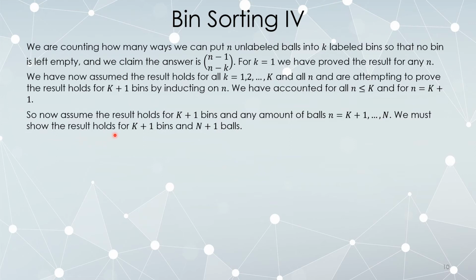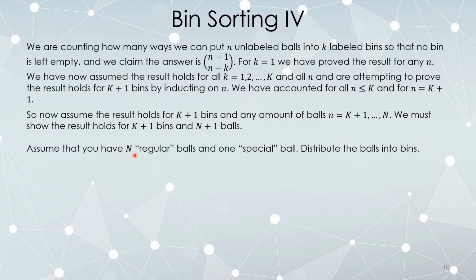We must show the result holds for that same quantity of bins, but now one larger amount of balls. With the number of bins fixed at K plus 1, we're doing a strong inductive proof on the number of balls. We accounted for a bunch of base cases. Now we assume it holds for everything up to capital N, and we try to show that it holds for capital N plus 1 balls.